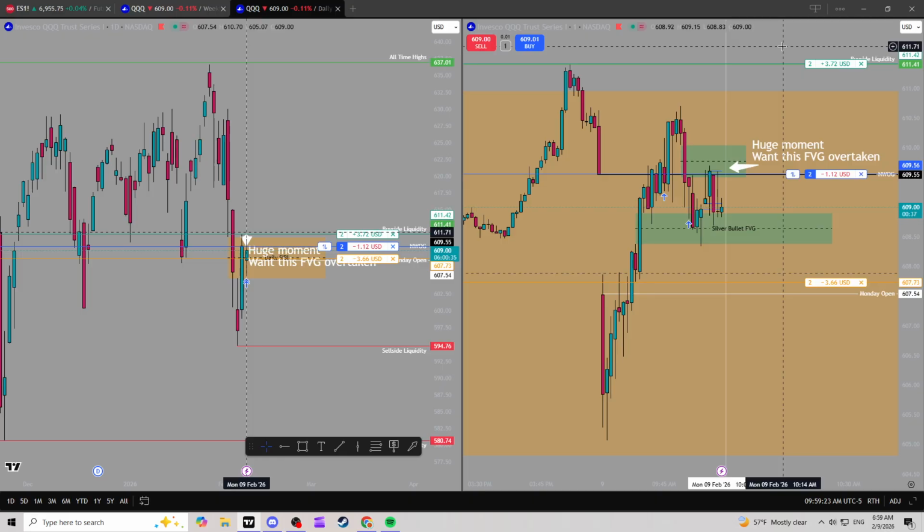Trade's still going. This is the last minutes of the 15-minute candle, so we're going to see where this candle closes. I highly doubt that we're going to get above the new week opening gap, but I could be wrong. I'm only human after all.